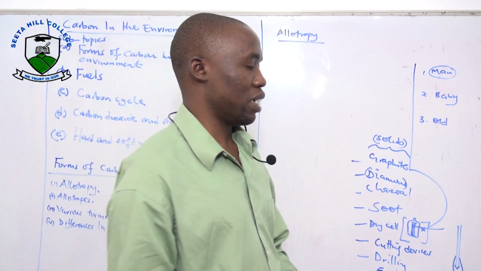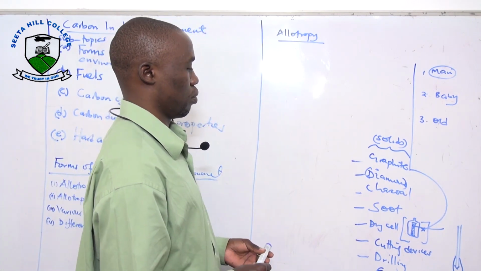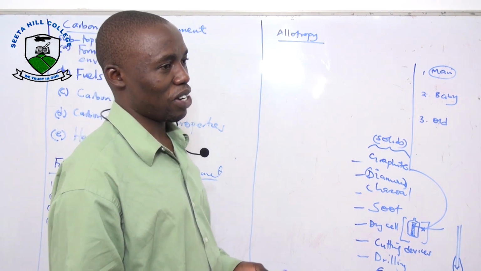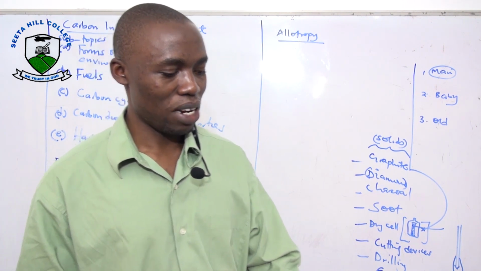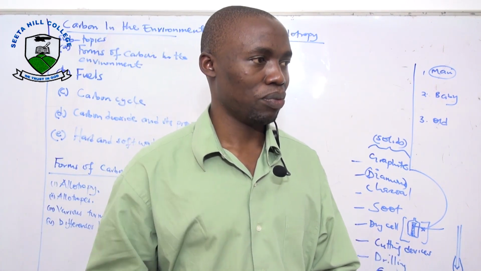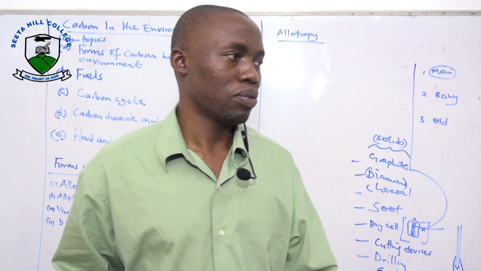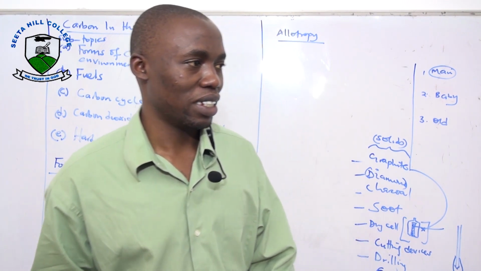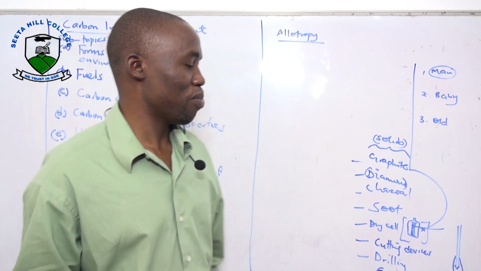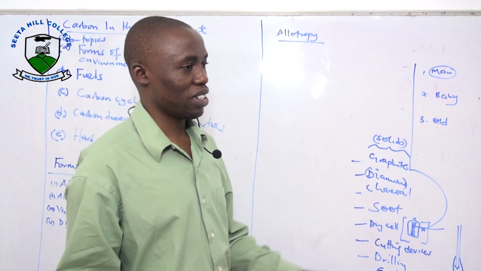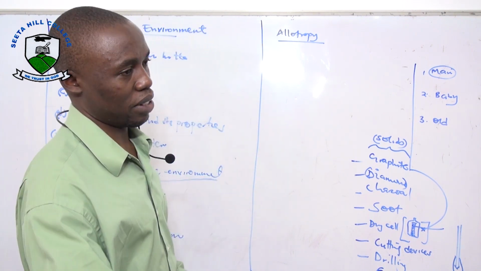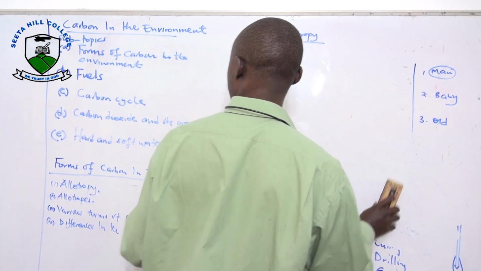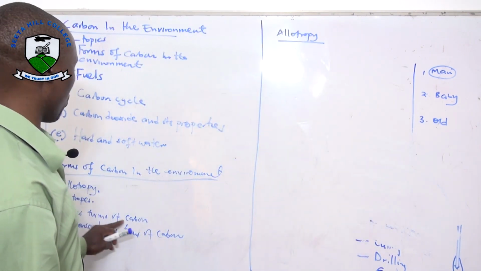Like if you burnt, what do you burn at home, and when you burn you see black? Oil? In cars. When you burn paraffin, don't you see soot? Soot is black.